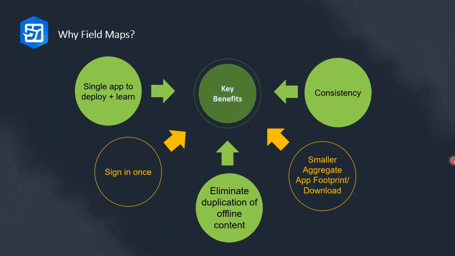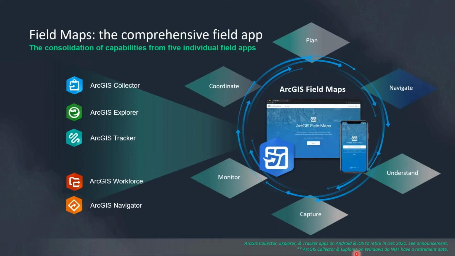Instead of needing to build support for new capabilities like indoor positioning system or utility network support into multiple different apps, Esri only needs to focus on Field Maps, allowing them to increase their team velocity. As we discussed, Collector, Explorer, and Tracker have been merged into Field Maps with full feature parity.